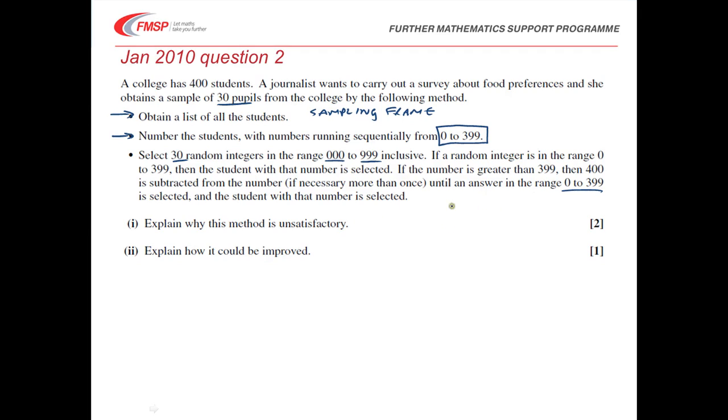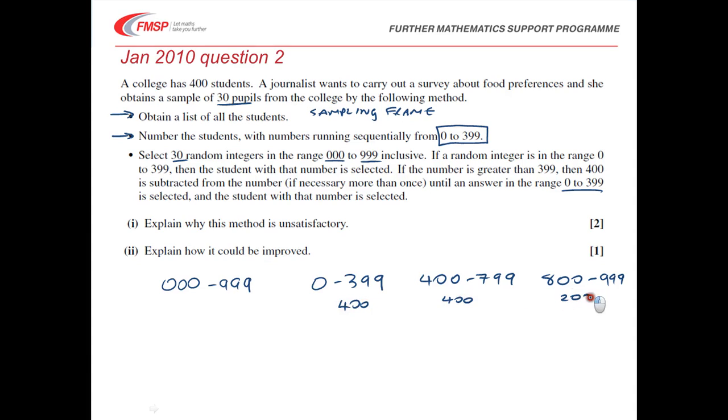So here, we've got 000 to 999, and basically we're splitting this up into three categories. 0 to 399, then 400 to 799, and then 800 to 999. And the width here is 400 people, the width here is 400 people, the width here is only 200 people.